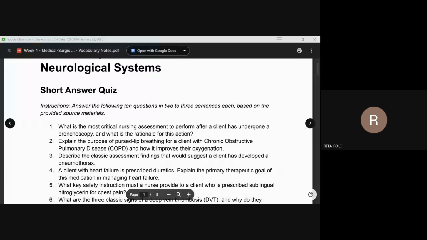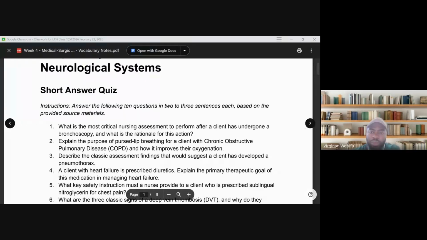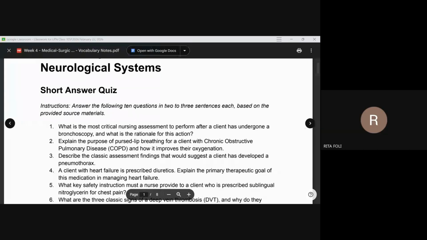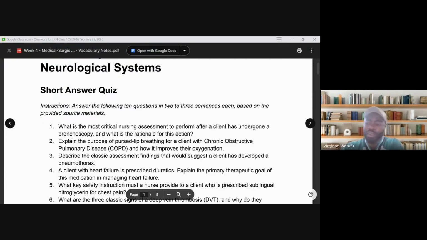I think it is to alleviate the symptoms of fluid overload or congestion in the patient with heart failure. Okay, like you said rightly, administering diuretics reduces the fluid volume of the body. Once enough fluid is excreted, you have decreased fluid overload, and that reduces the workload of the heart.